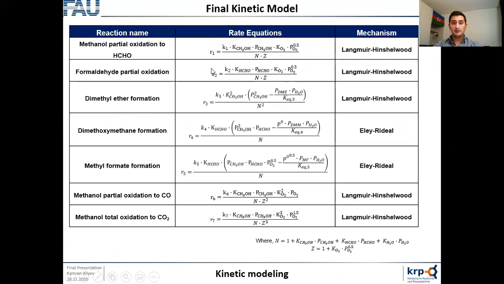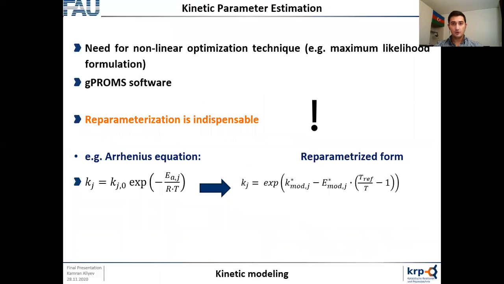I assumed ideal gas conditions due to the fact that most of the experiments were carried out at low pressures and high temperatures. So the final stage, but the most difficult one, is the estimation of kinetic parameters. And as the kinetic model is highly nonlinear, one would need nonlinear optimization techniques like maximum likelihood formulation.